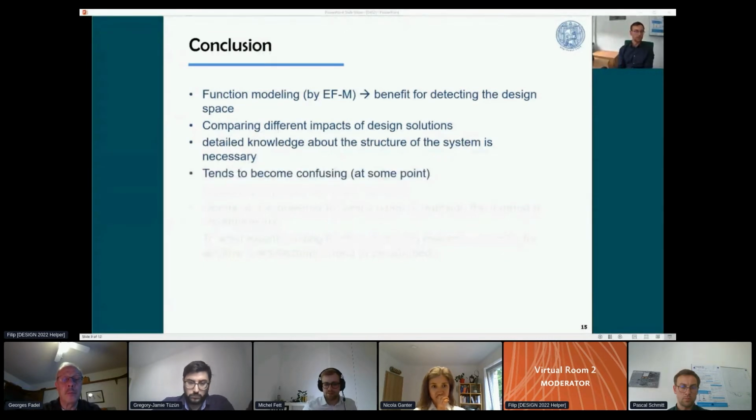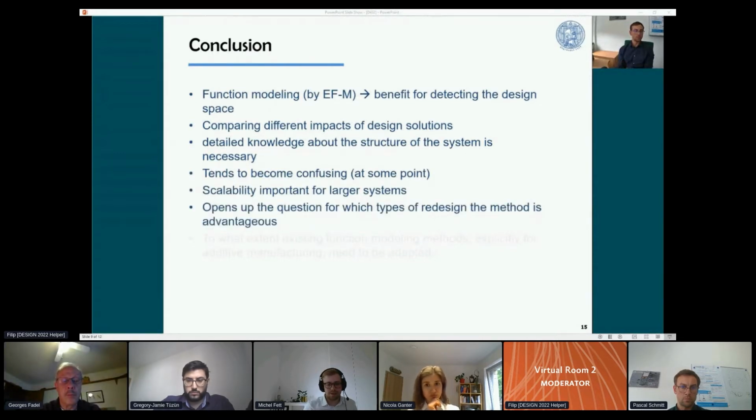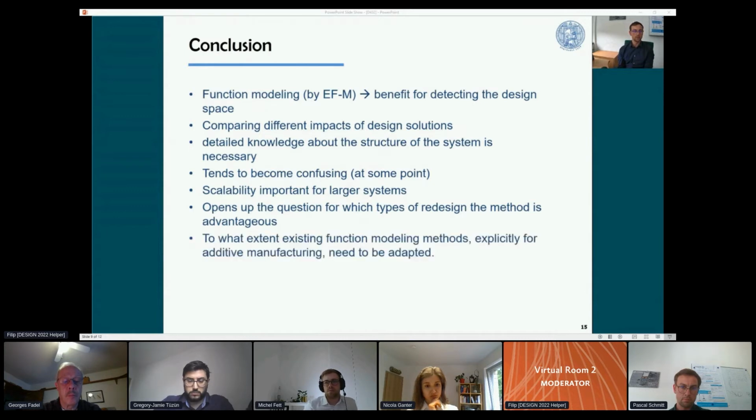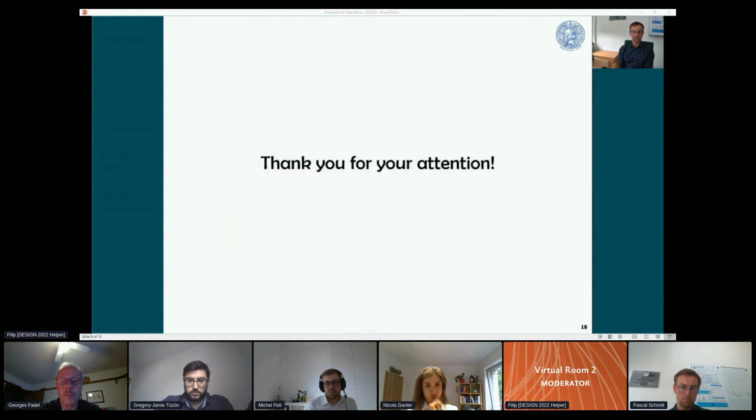And as you could see, it tends to become confusing at some point. So scalability can be important for larger systems. This opens up the question for which types of redesign the method is advantageous and to what extent existing function model methods need to be adapted explicitly for additive manufacturing. Thank you for your attention.